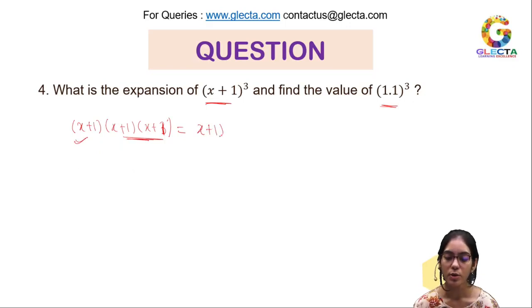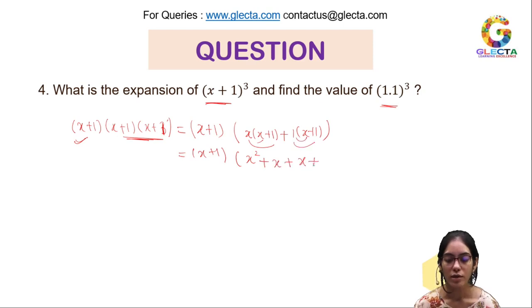So this is x plus 1 into, this bracket will be x into x plus 1 plus 1 into x plus 1. So this is x plus 1 into x square, x into 1 is x, plus 1 into x plus 1 into 1. So this is x plus 1 into x square plus 2x plus 1.